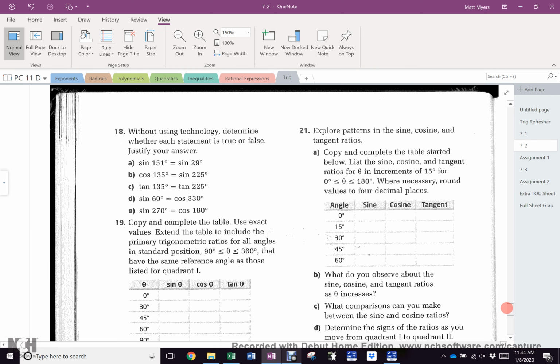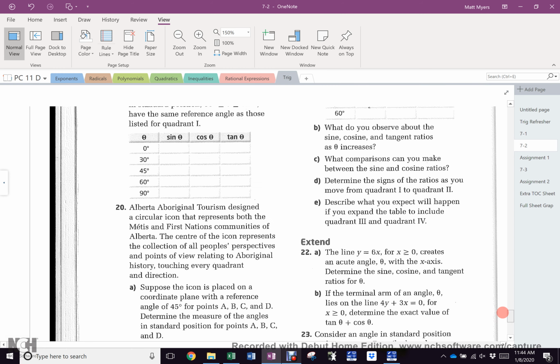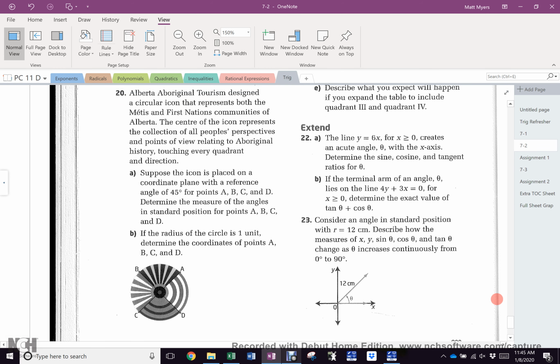And then 18, 19 shouldn't have been a problem. 20, none of these should have been a problem. 20 always causes grief because, of course, you spend your time looking at the picture, not what it really represents. It tells you that these are all 45 degrees, right? So if the radius of the circle is 1, then this is 1, right? And then if that's 45 in their 90-degree triangle, then we would just do trig.